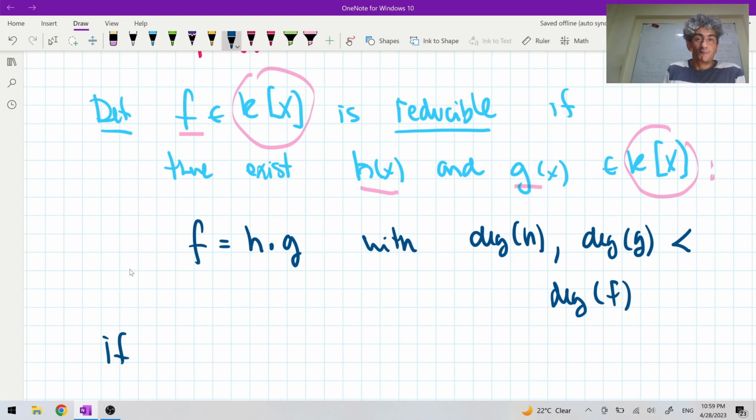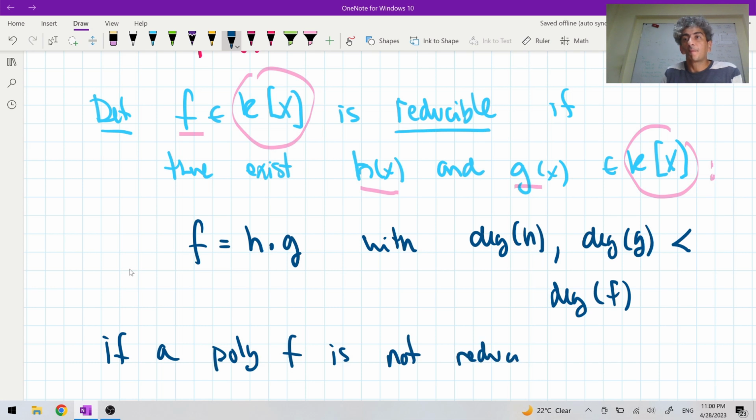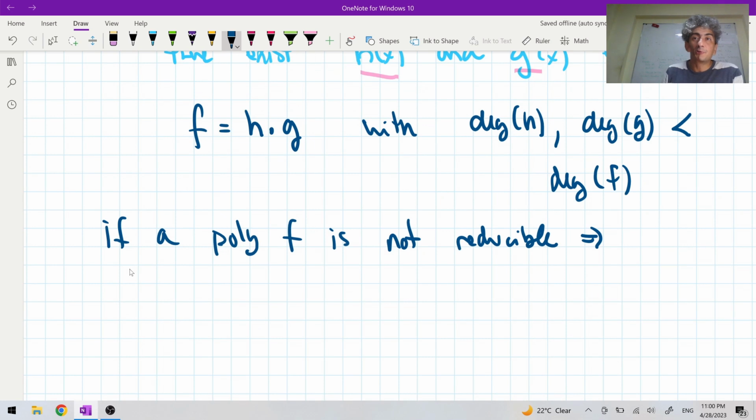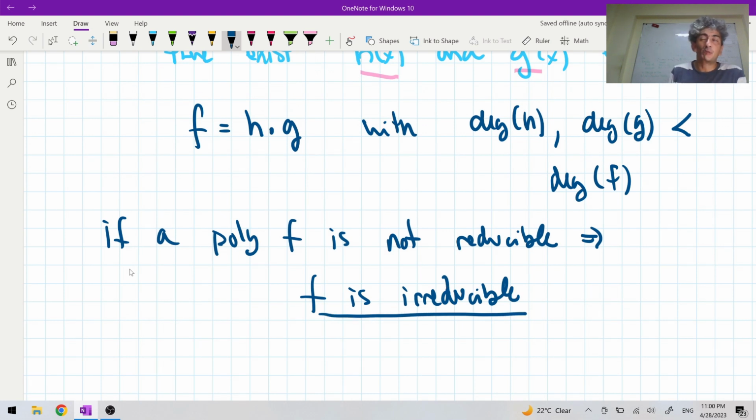If a polynomial f is not reducible, then it's called irreducible. It cannot be written as a product of two polynomials of smaller degree. This is pretty much like an analog for prime numbers.